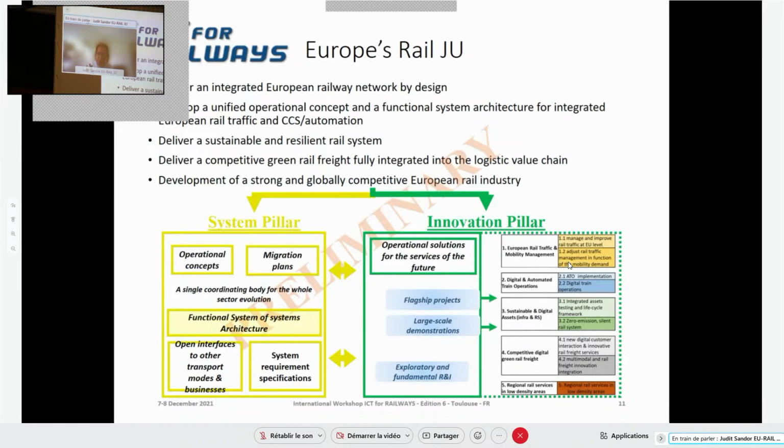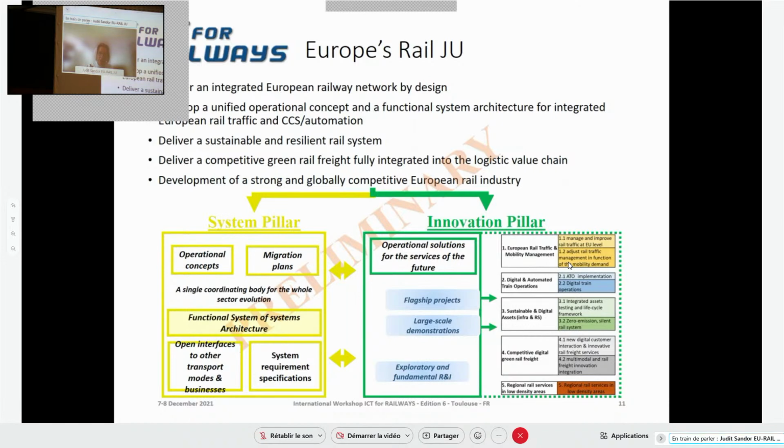But what I would like to highlight here is that, beyond the innovation pillar, a step change in the new program is that the system pillar is also introduced. So beyond innovation, there is also a focus on the core and identifying the functional rail system architecture for the future.